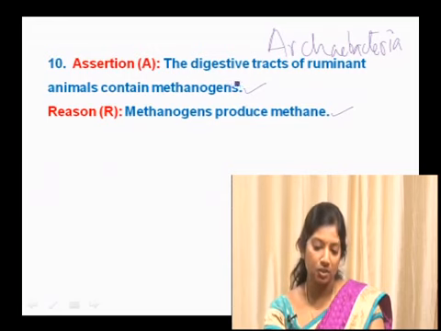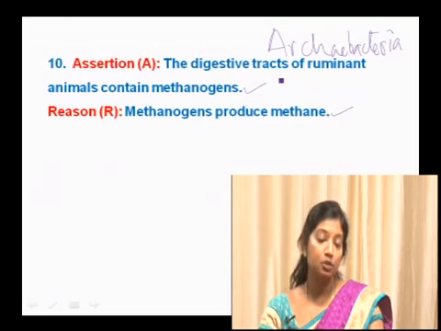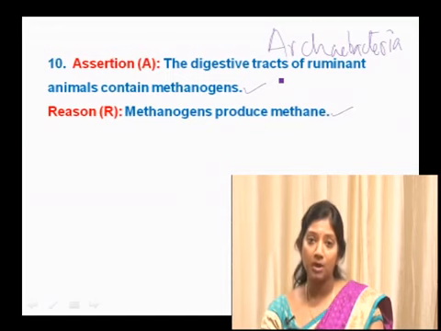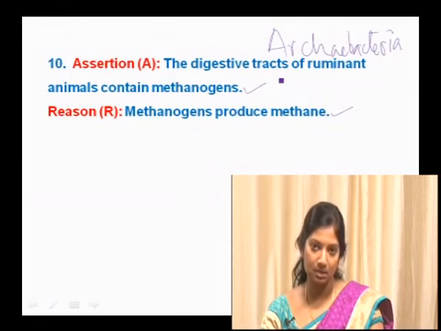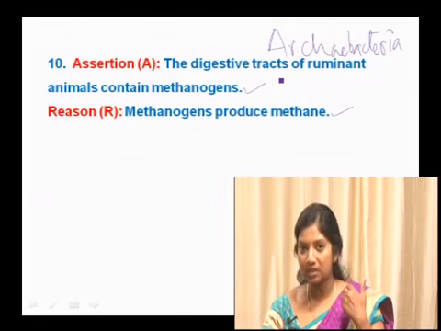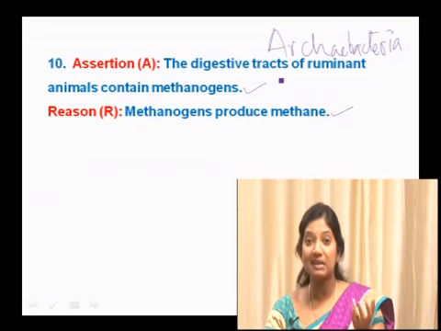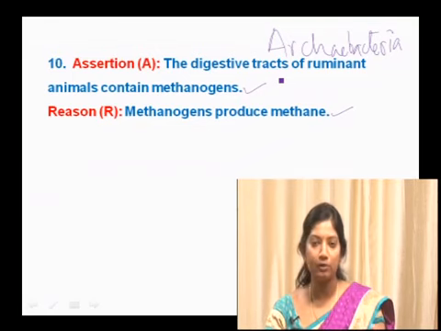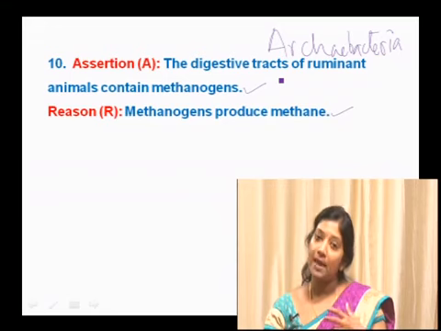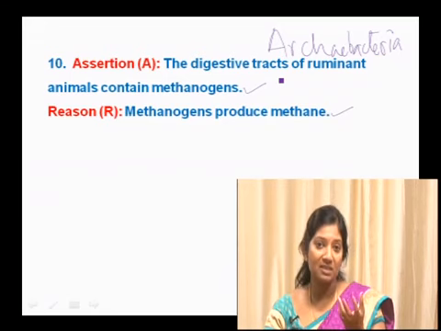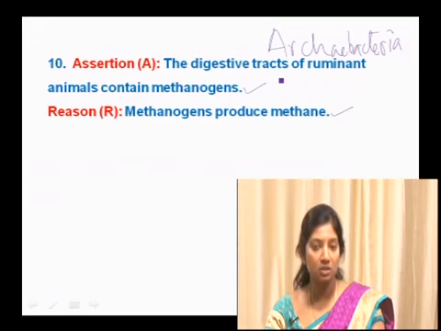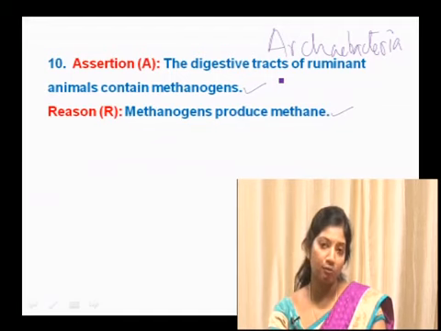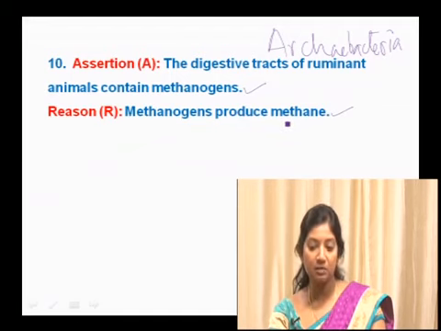Because the digestive tract of ruminants, basically cattle like cow and buffalo, shows the presence of methanogen because they have to digest the cellulose present in plants. For that, methanogens are very helpful. That should have been the reason here. So both the statements are correct, but it is not the right reason.